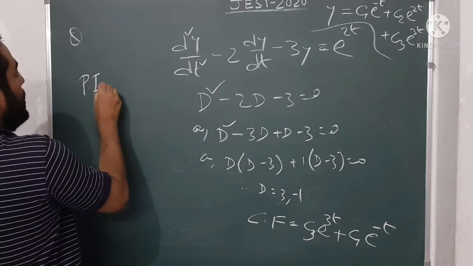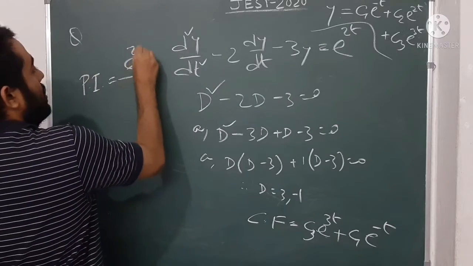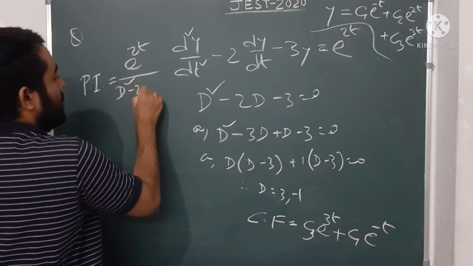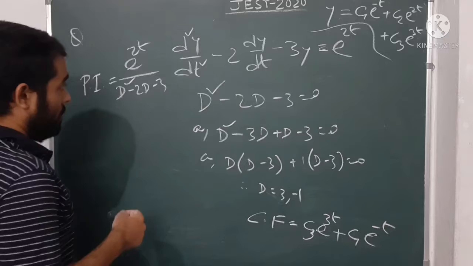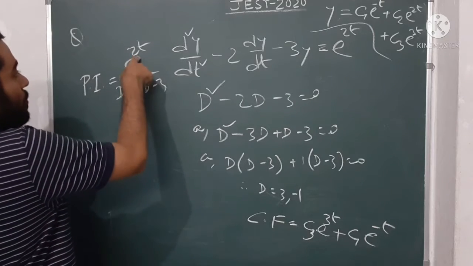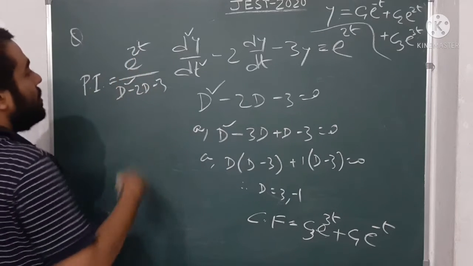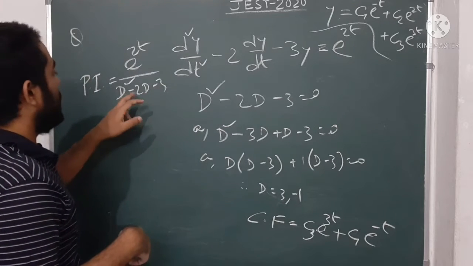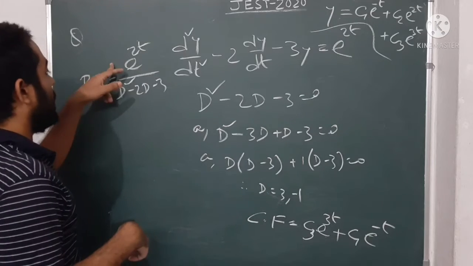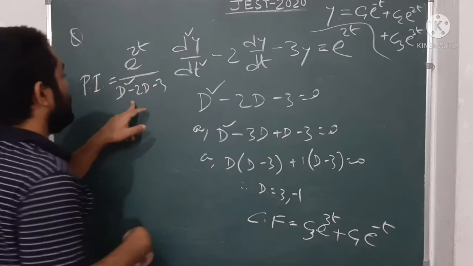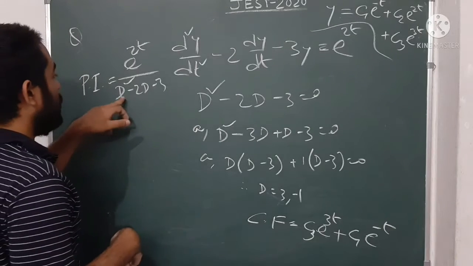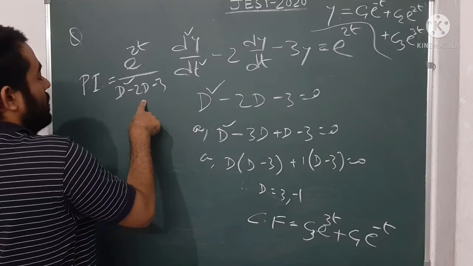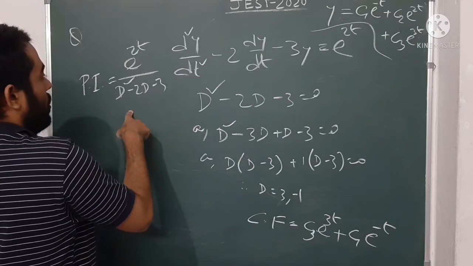Okay, and for the particular integral the formula is e to the power 2t divided by d square minus 2d minus 3. So first we have to put this coefficient in here. If this were 0, then we would have to differentiate and multiply. So first we have to check. If we put 2 here, 2 square minus 4, that means minus 3, not equal to 0.